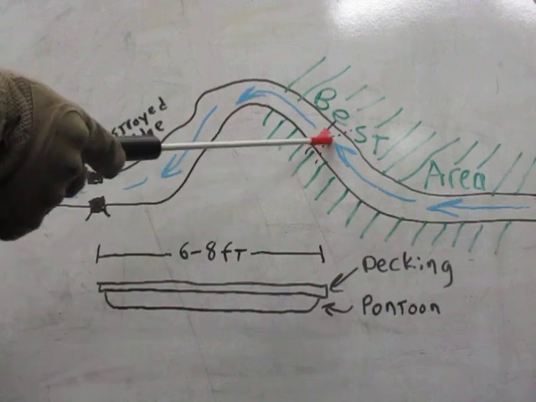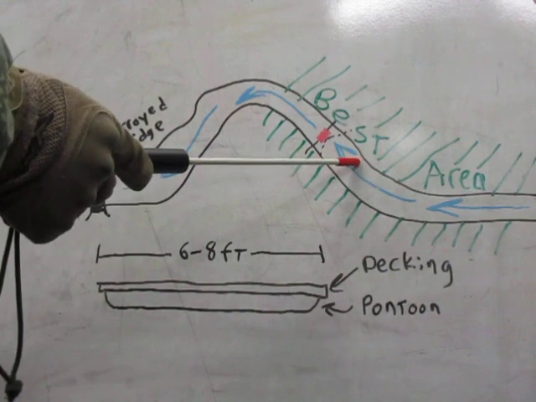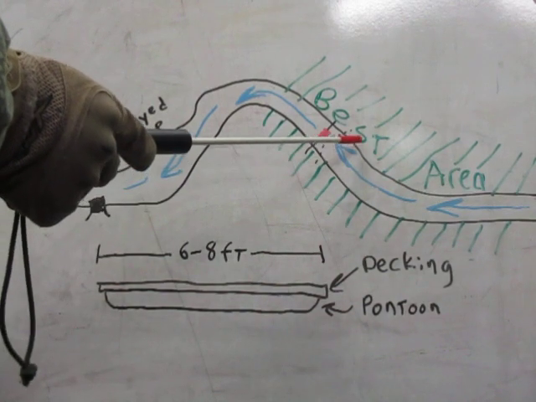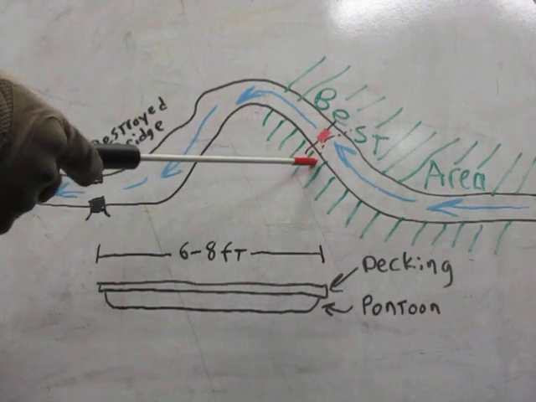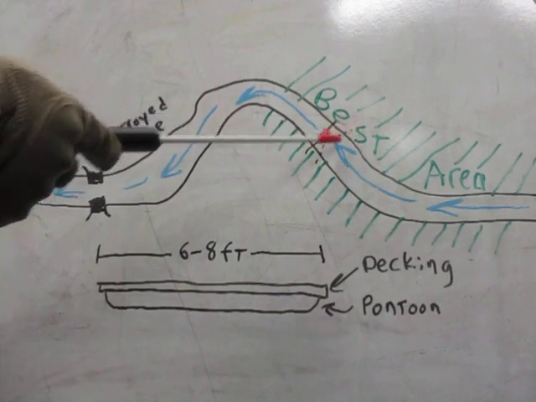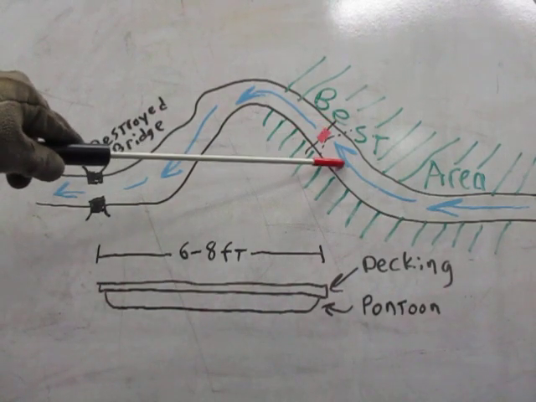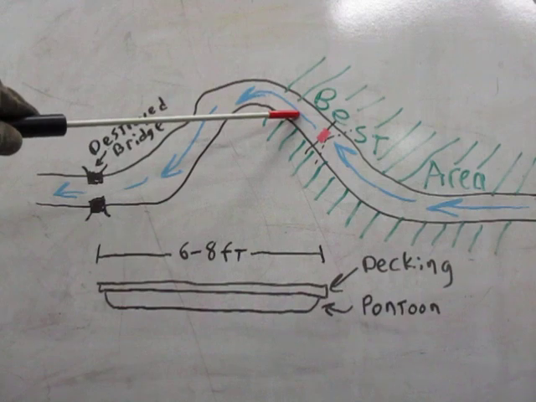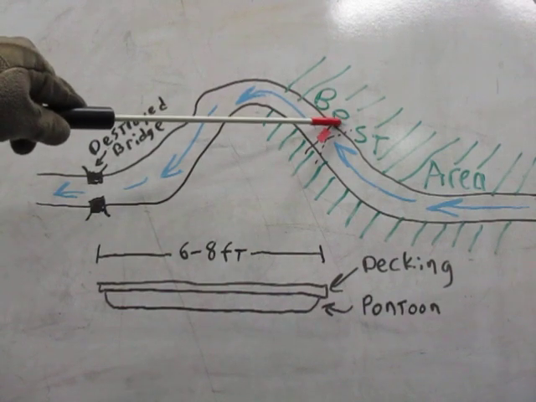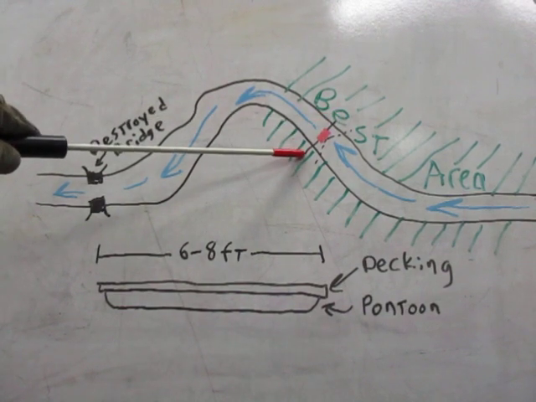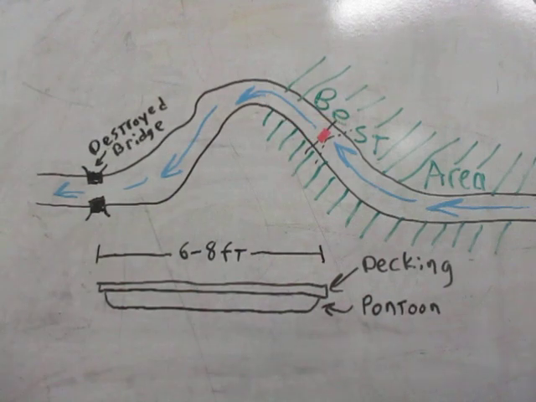On the up current side or upriver side, you're going to have someone holding each rope on each of these points, basically being a guide. You're trying to keep the current from pushing the raft downstream. Make it easier for the person here and here who are trying to pull that raft across.